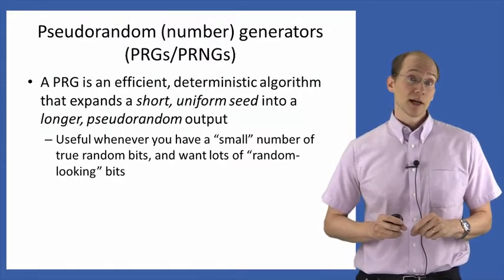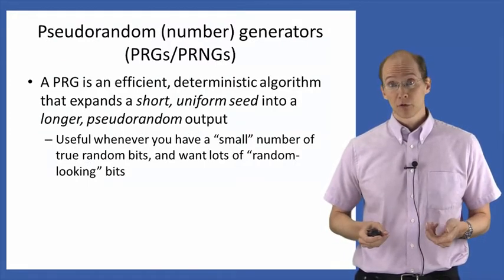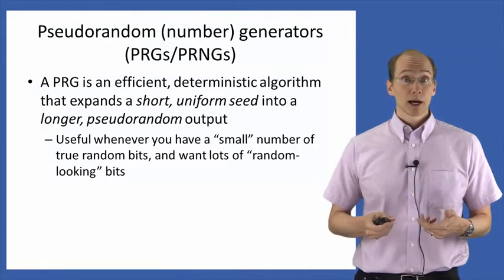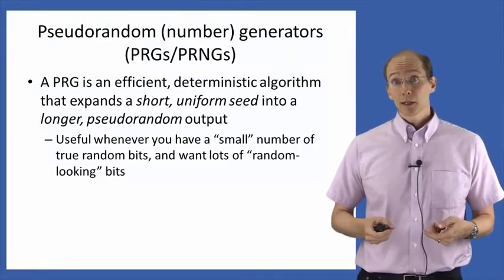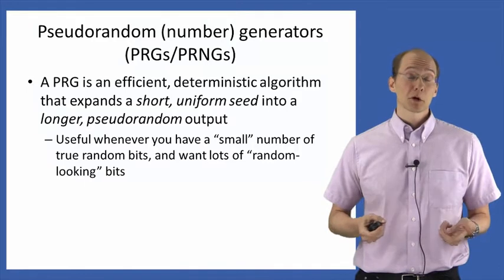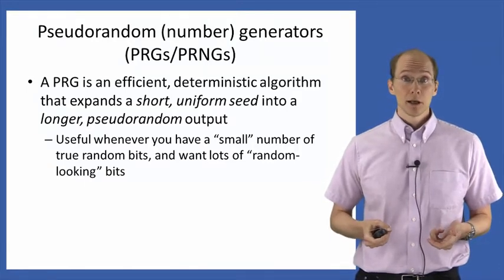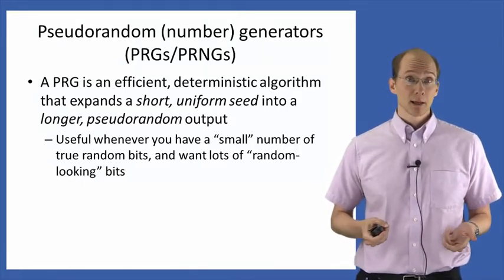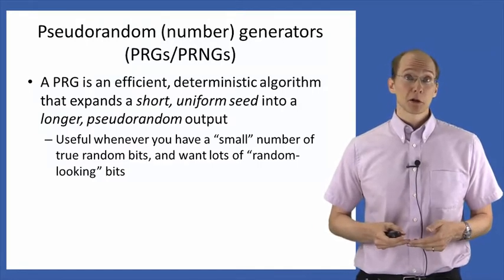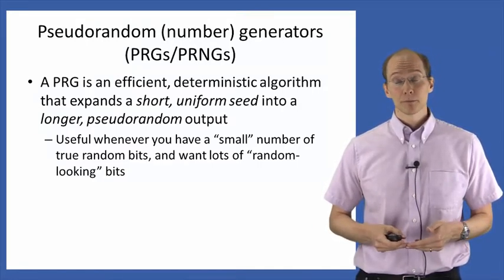We now want to define the important notion of pseudorandom generators. I'll abbreviate this by PRG. In practice, you may also hear of pseudorandom number generators, abbreviated PRNG, and for our purposes, those are going to be the same. But I'm going to stick with the terminology PRG, pseudorandom generator.